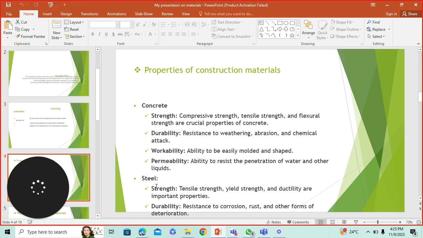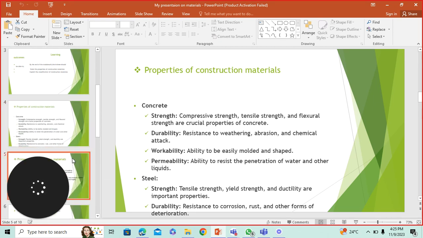Durability. Can you state how it has been elaborated there? Or can you read for me? It's resistant to deterioration. Okay, thank you very much.